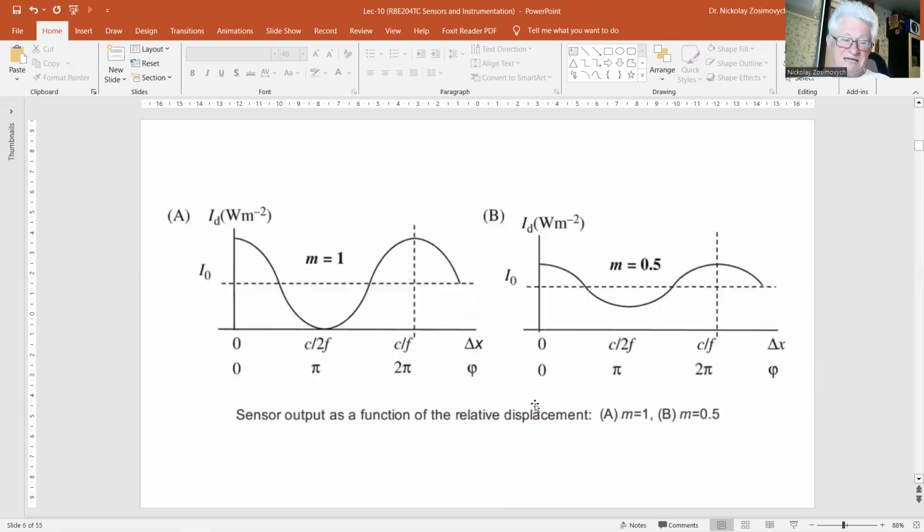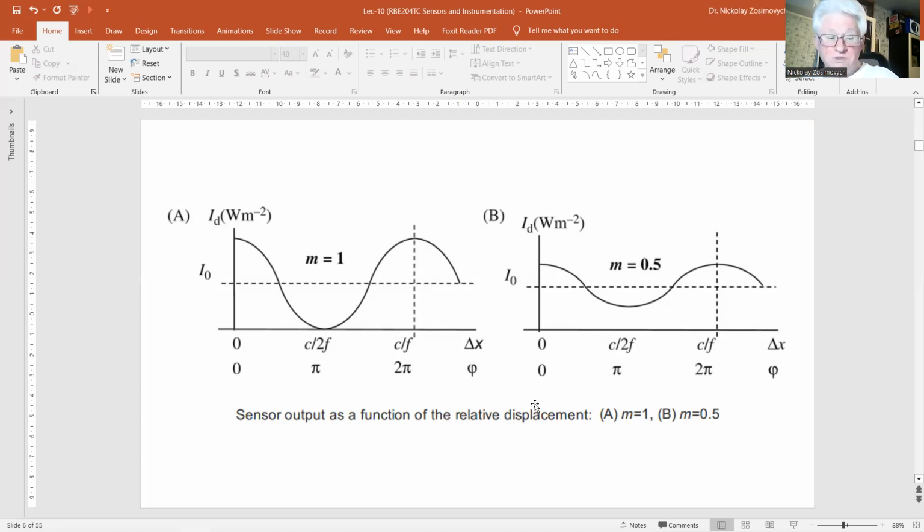Apparently, the sensor output changes sinusoidally with the path difference delta x. And the differential sensitivity is at maximum for odd multiples of half pi, the so-called quadrature point, and minimal at multiples of pi.